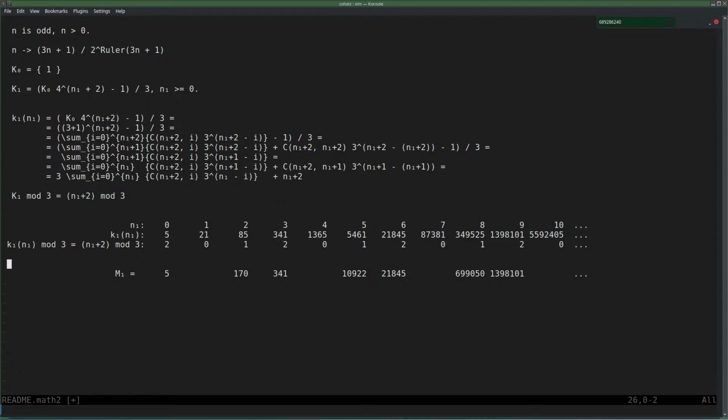And we're going to enumerate it with the value M1, and we also start at 0. So that's 0, 1, 2, 3, 4, 5, 6, and so on.